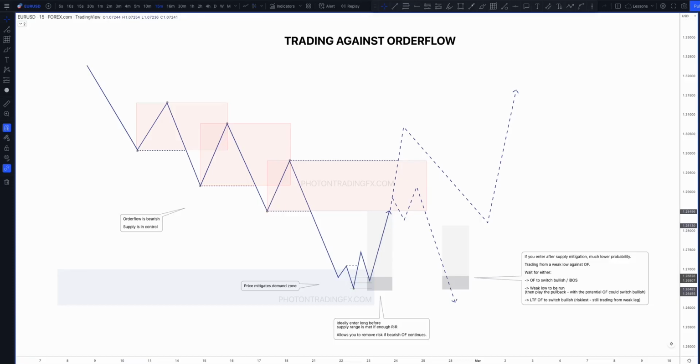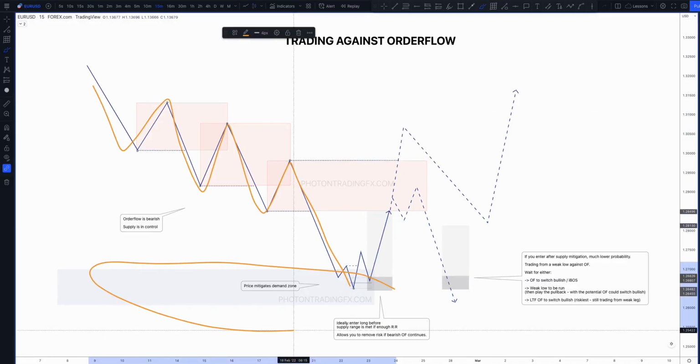So let's dive a little bit deeper into the very specific case of trading against order flow. Obviously, there can be a lot of variables to this. Basically, if you're going to trade against the bearish M15 order flow, this would be your series of larger internal lower highs and lower lows, but we've come into, let's say, the extreme swing demand level.